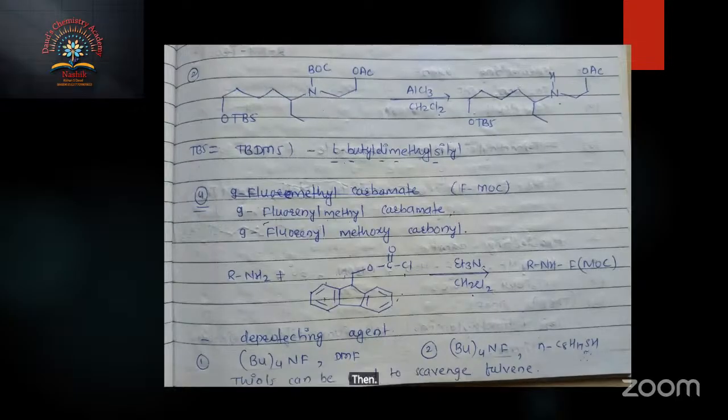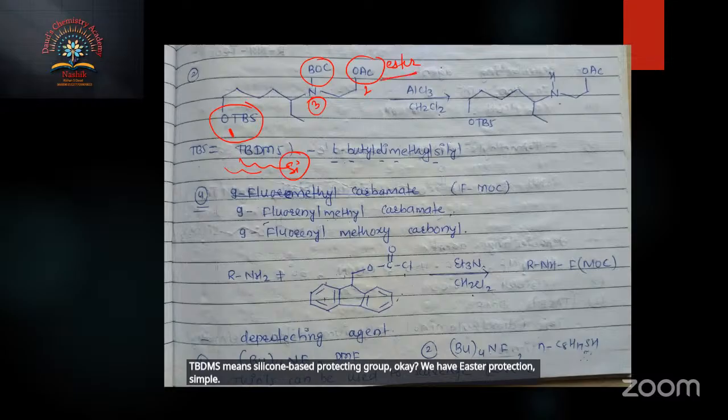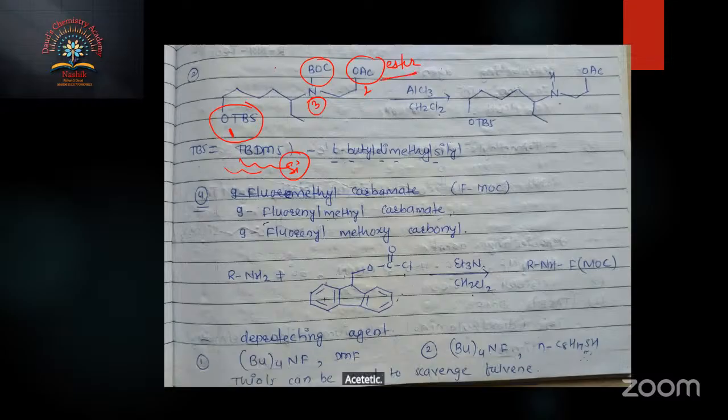Then next is Fmoc. One example is here. So three groups, two OH groups and one amine group, are protected in this example. We have TBDMS, which means a silicon-based protecting group. We have a simple ester protection, acetate, and another one is carbamate.